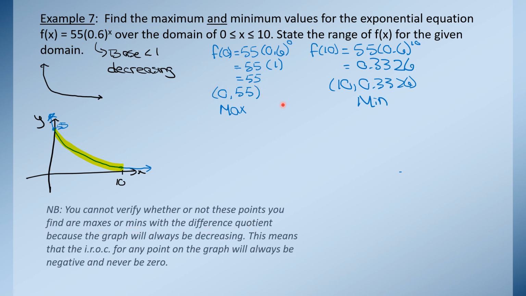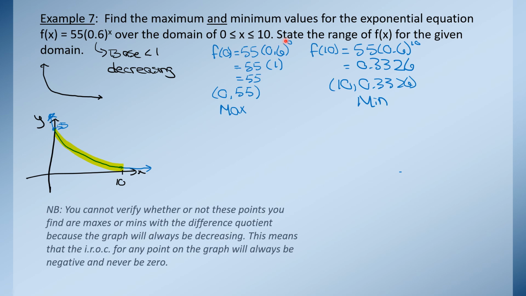So these values we got, we couldn't put them into the difference quotient, and that's because the graph's always decreasing. That means the instantaneous rate of change for any point will always be negative. You're never going to get, like the question we just did, where we had positive on one side, negative on the other side. We could tell from the slopes that it was a turning point. That's never going to happen here. So the difference quotient isn't helping us in a question like this one where it's always decreasing.